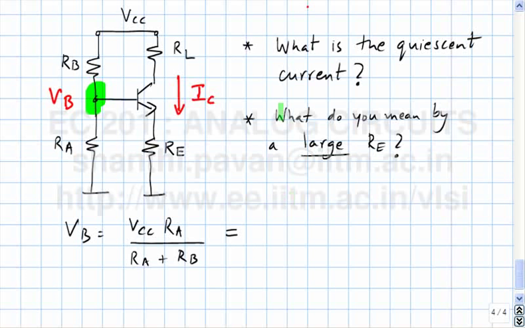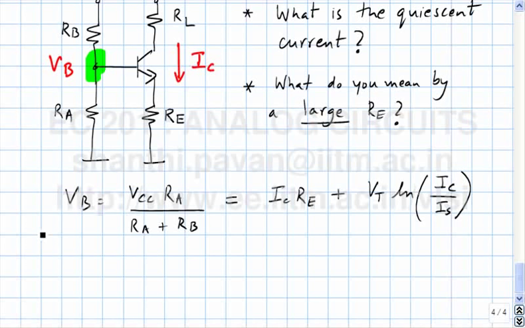Must be equal to IC times RE plus VBE. And what is VBE? VT ln IC by IS. This is the completely legal Kirchhoff voltage law. There is no approximation here at all. And as we've seen with respect to nonlinear circuits before, computing the operating point could involve nonlinear equations, and this is one example of such an equation. This is an implicit equation in IC.